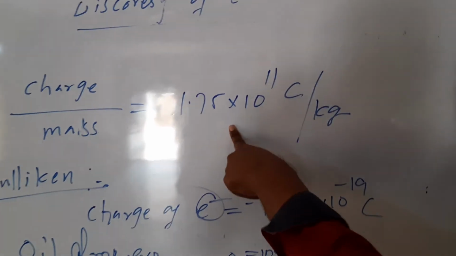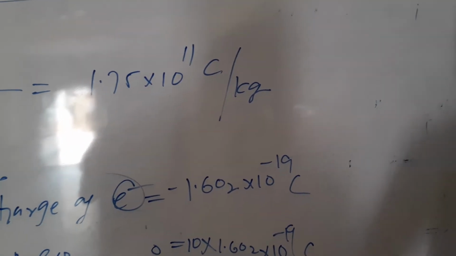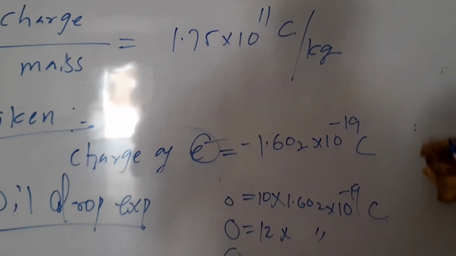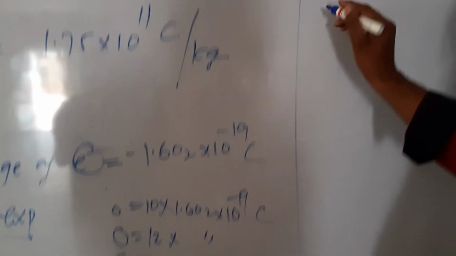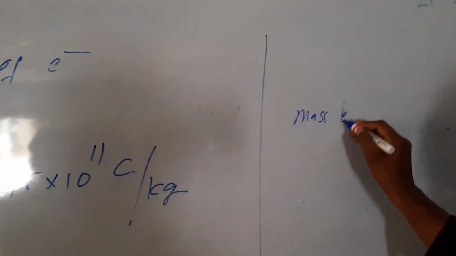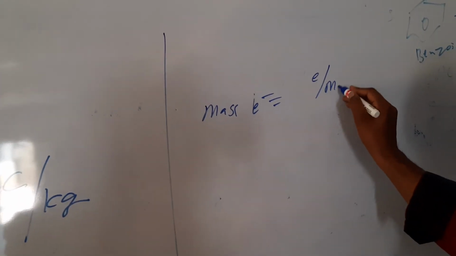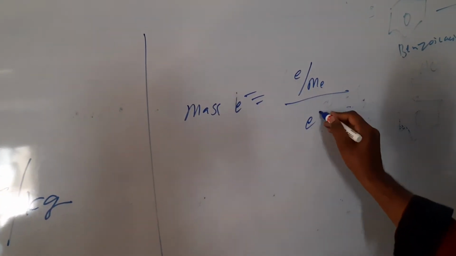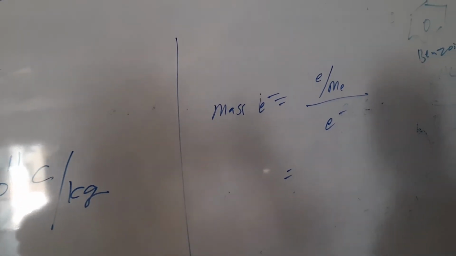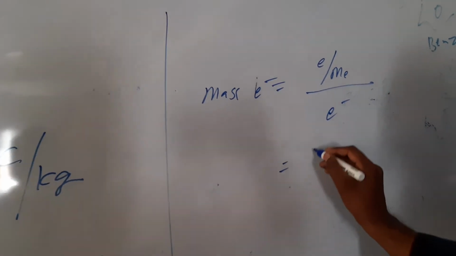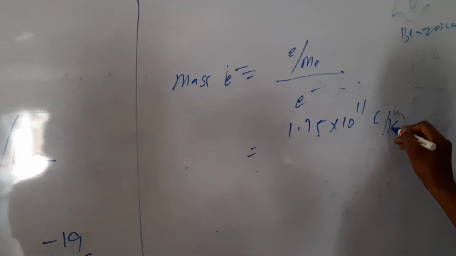Next, we know the charge to mass ratio of the electron and the charge of the electron. Based on that, we can calculate the mass of the electron. Mass of the electron equals the charge to mass ratio divided by... rather, charge divided by the charge to mass ratio: 1.602 into 10 power minus 19 coulombs divided by 1.75 into 10 power 11 coulombs per kg.